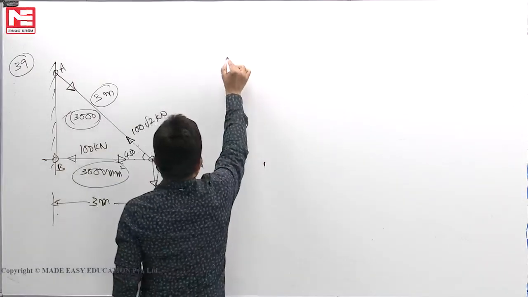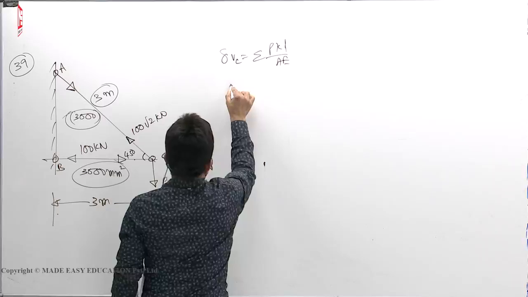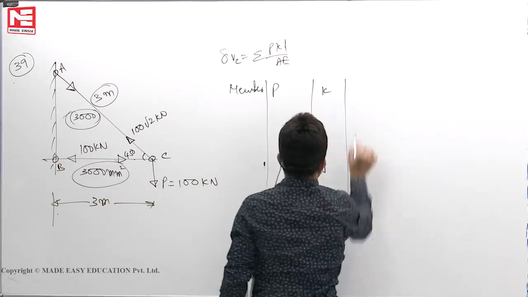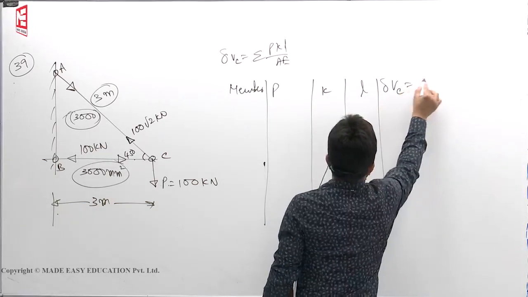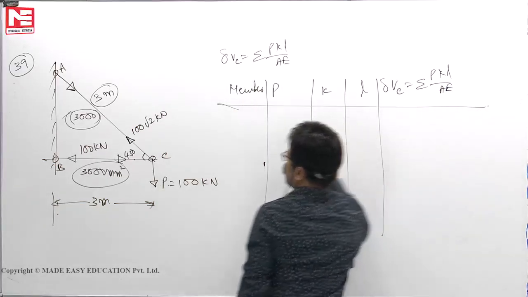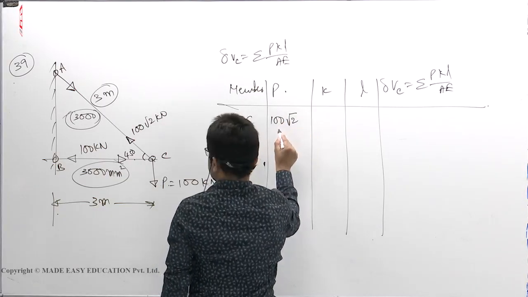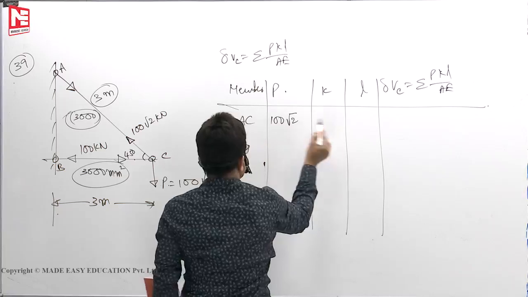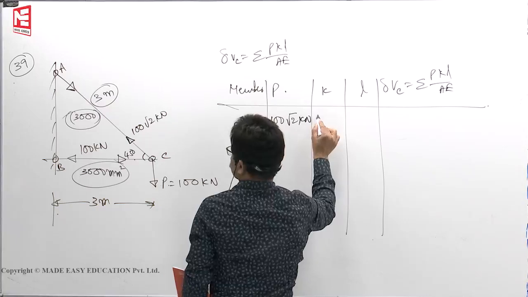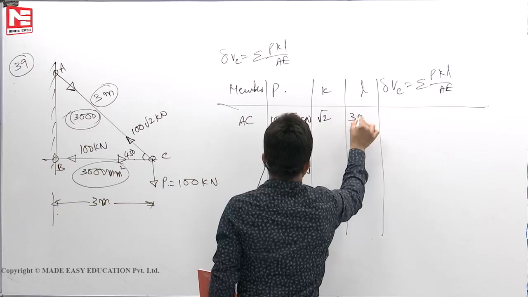Now you see, vertical deflection is the summation of PKL by AE. The AE value we will substitute in the end. Member AC: force P is 100 root 2 kilonewton, and when the unit load is applied it is root 2, length is 3 meters.